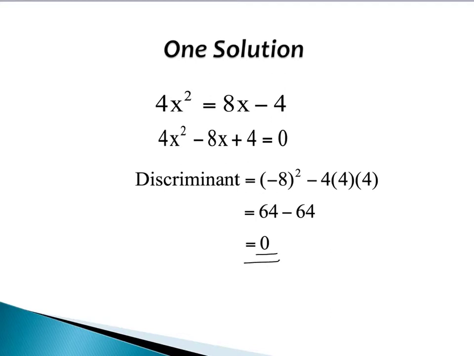But be careful, when the equation looks like this, you need to change it to standard form of the quadratic equation, ax squared plus bx plus c form. So you need to change the equation so that you can get a as 4, b as negative 8, c as 4.